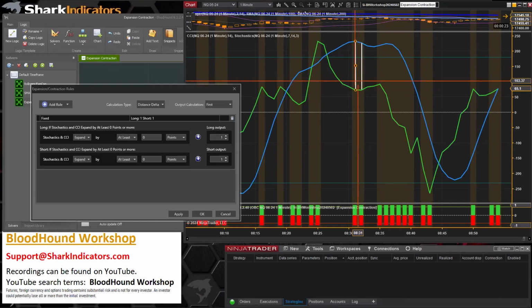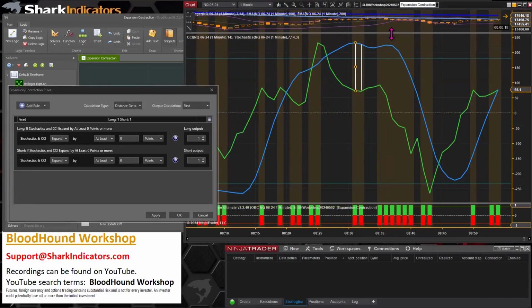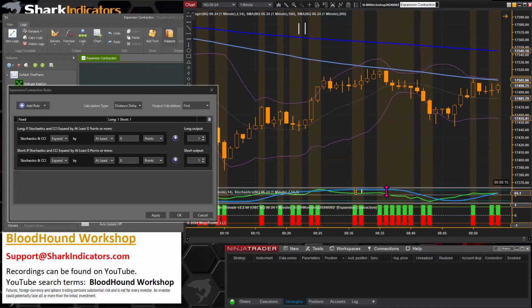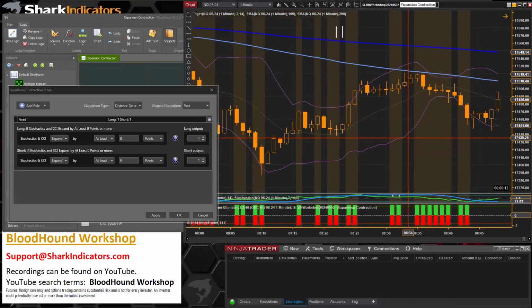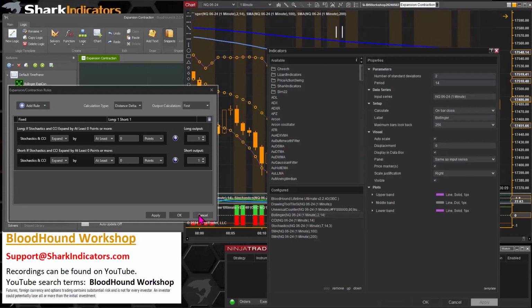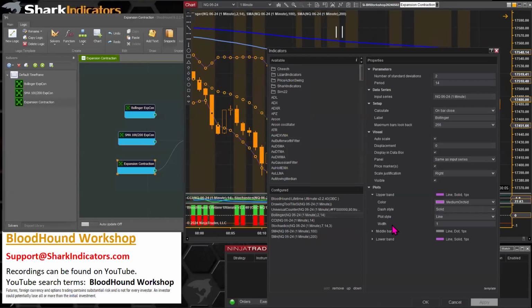So that is probably the more direct way that people think of expansion or contraction. Again, let's kind of go back to the Bollinger indicator here. Actually, let's open that up. Yeah, make these plots a little thicker.